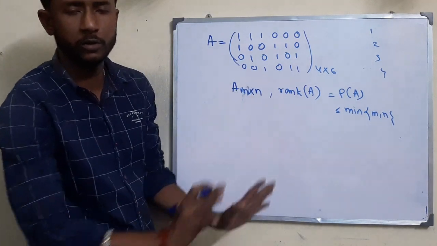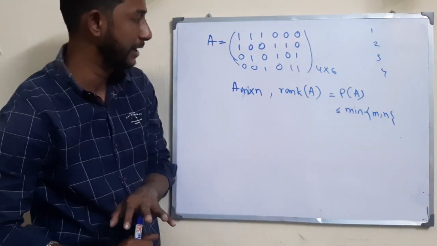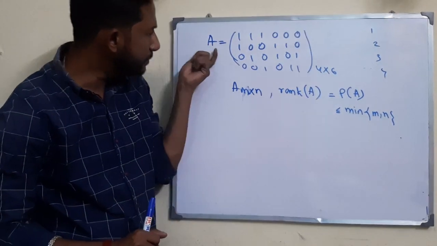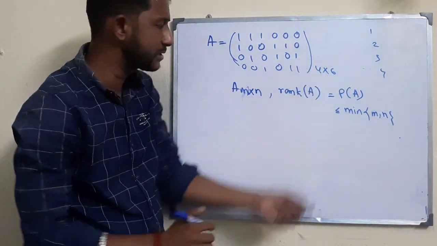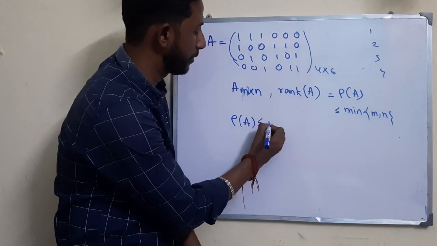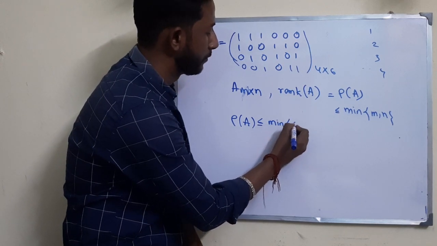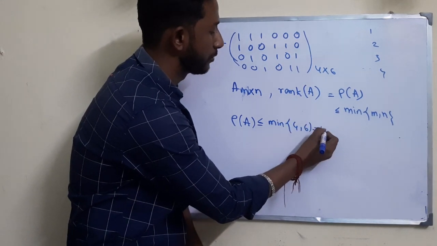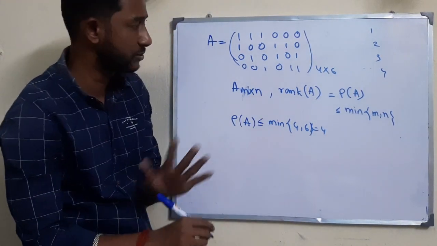This is a very well-known result in linear algebra, right? So this matrix A is a 4 cross 6 matrix. So I can say that rho of A, that is rank of A, is less or equals to minimum of 4 comma 6, which is equal to 4. So rank of A is less or equals to 4.